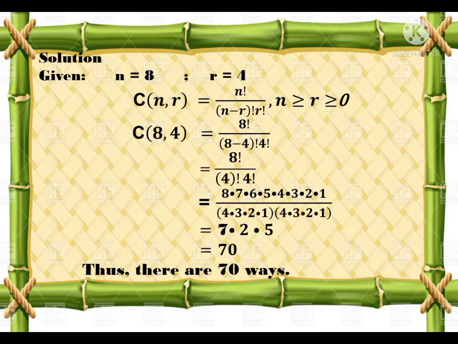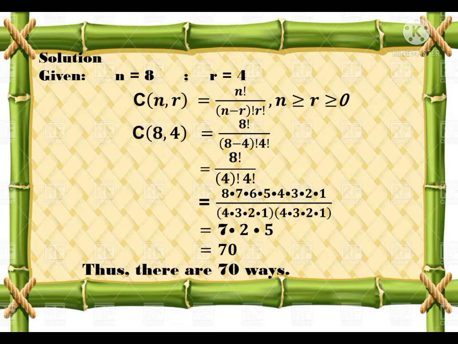So we have the combination of 8 objects taken 4 at a time equals 8 factorial over 8 minus 4 factorial times 4 factorial. 8 minus 4 factorial equals 4 factorial. 8 factorial is equivalent to 8 times 7 times 6 times 5 times 4 times 3 times 2 times 1, over 4 factorial, which is equivalent to 4 times 3 times 2 times 1, then multiplied by 4 factorial, which is again equivalent to 4 times 3 times 2 times 1.